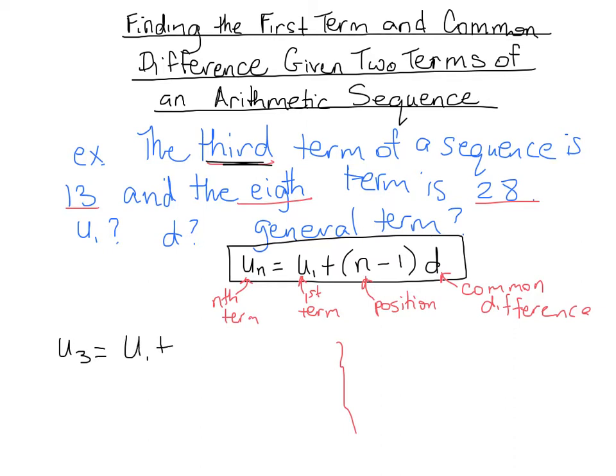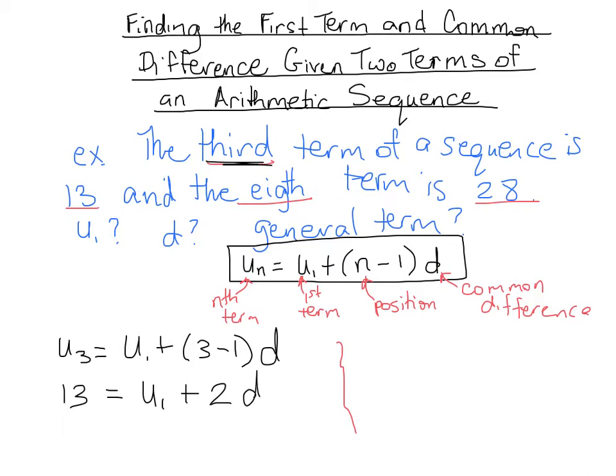We do know n because we have u3, so n is 3. So 3 minus 1 times d, which we don't know. We can simplify this further because we do know that the third term, u3, is 13. So instead of u3, I can write 13 equals u1 plus 2d.